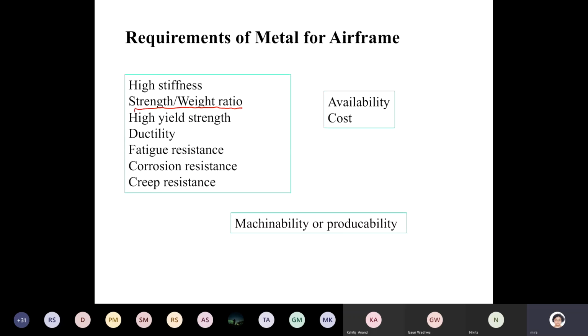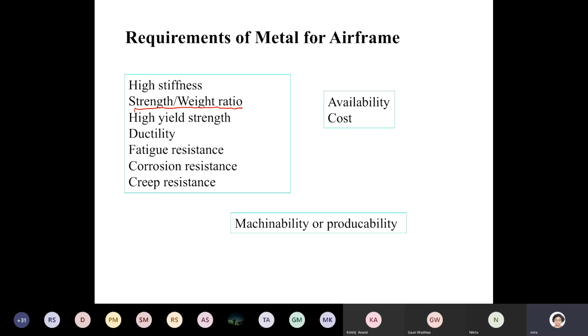So the thing that is pertinent to aircraft structure is the strength to weight ratio, which is probably not that important for a non-aircraft structure. As I was saying, the fuselage and other components of an aircraft structure undergo a lot of fluctuating load.